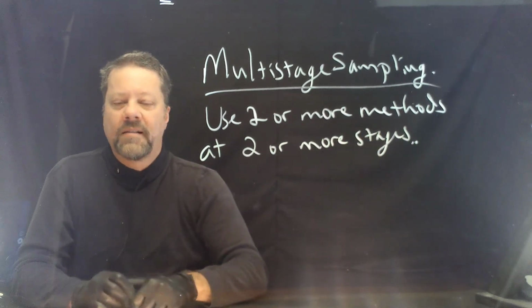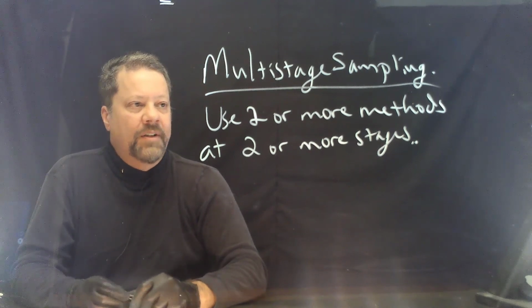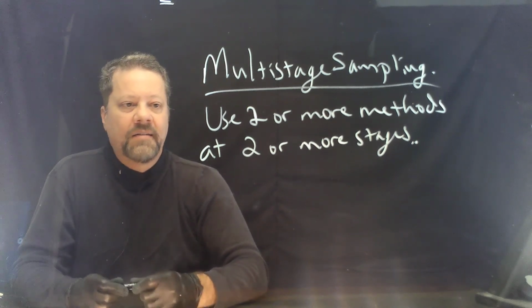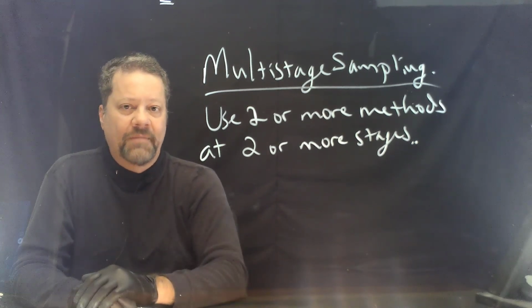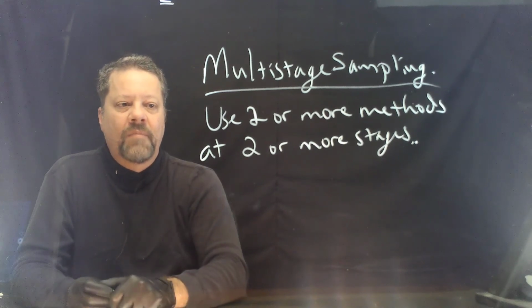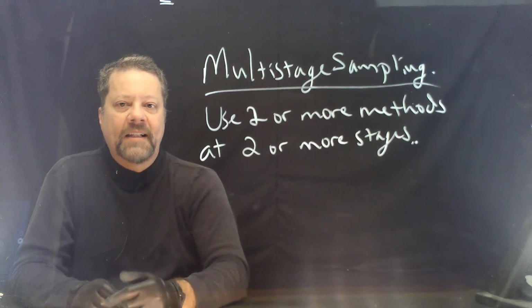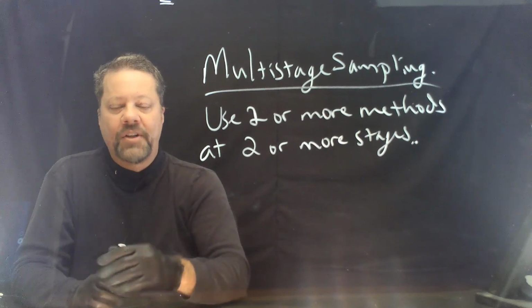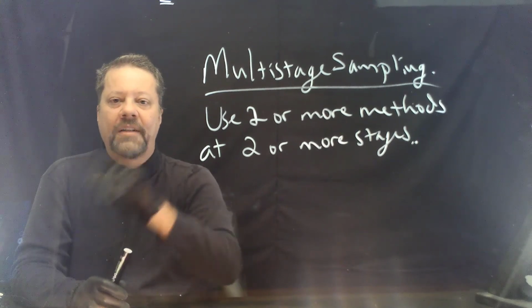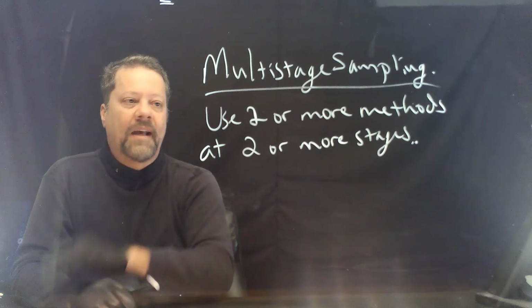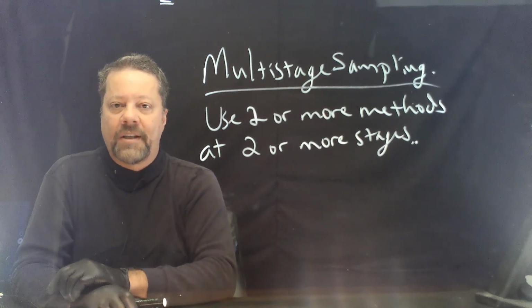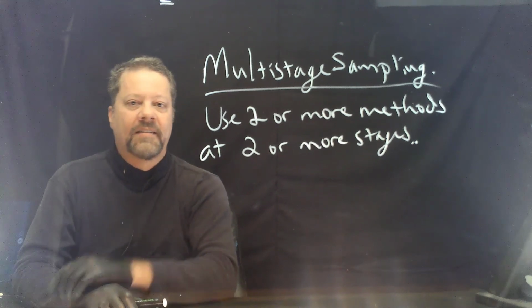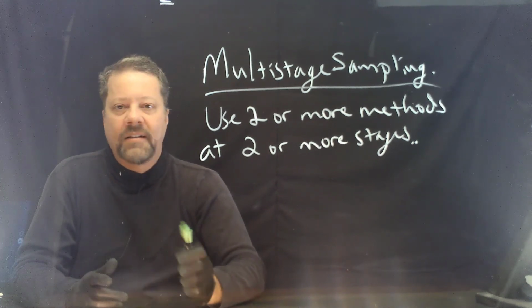As an example, you might select a particular county in a state and then take a random sample from that county. Or you might choose a number of counties, ignoring other counties, and then find simple random samples from each of those counties that you've chosen. That would be multi-stage sampling.